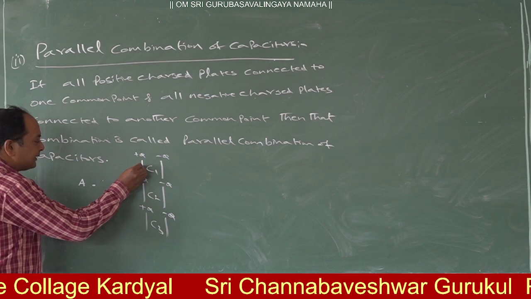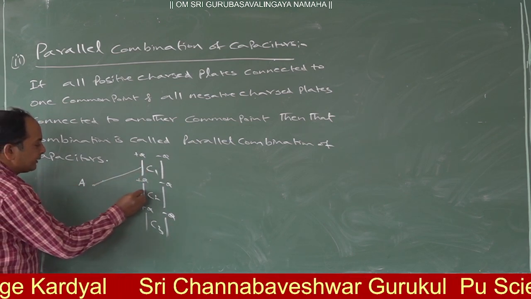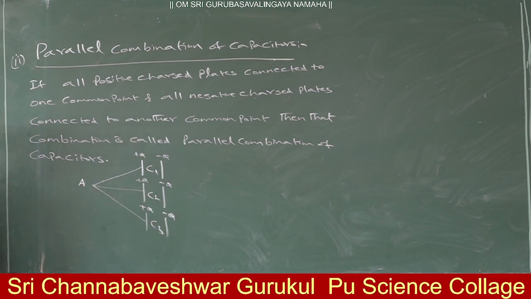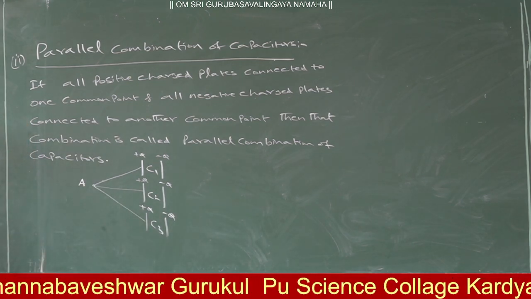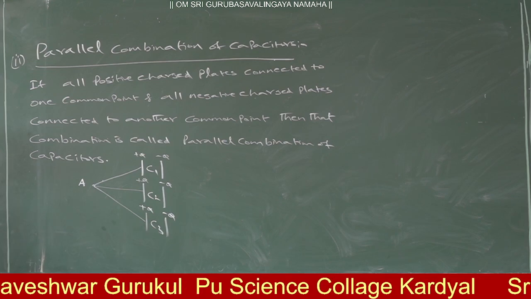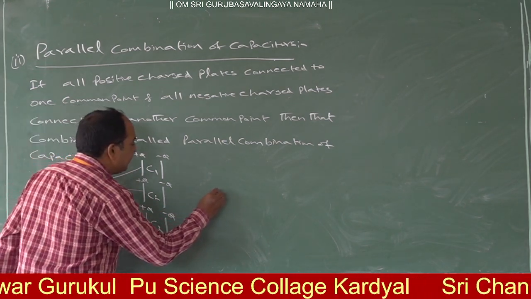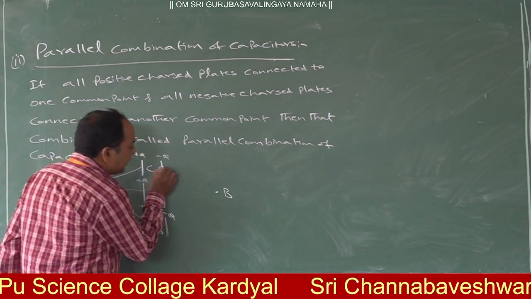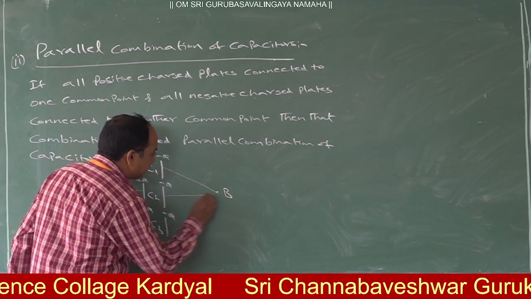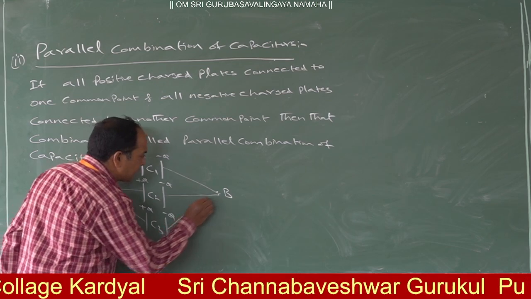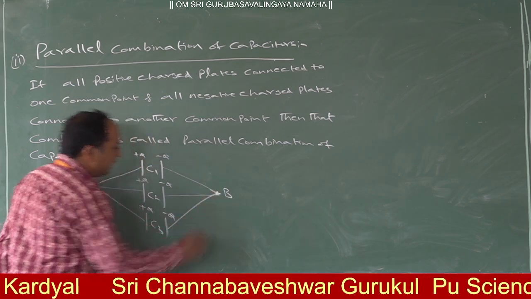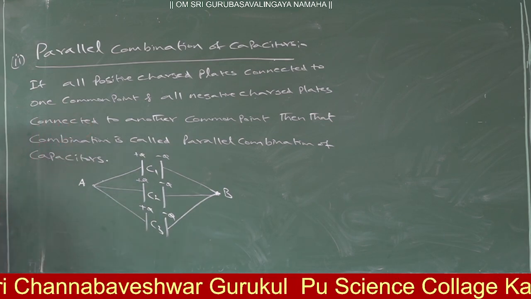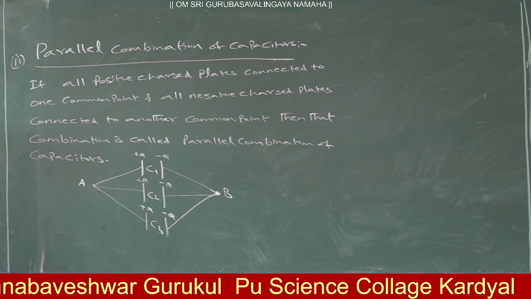So C1 connected to A, C2 connected to A, C3 connected to A. So all positive charged plates are connected to one common point. Similarly, another point B I will take. Now all negative charged plates are connected to another common point. Then we may say that this is the parallel combination of capacitors.